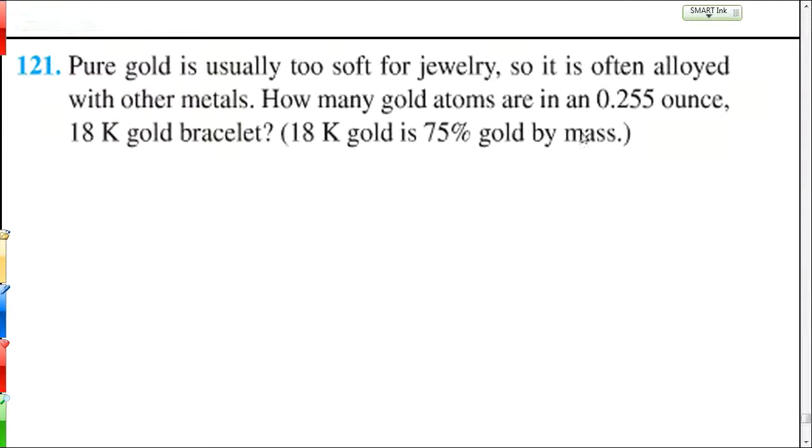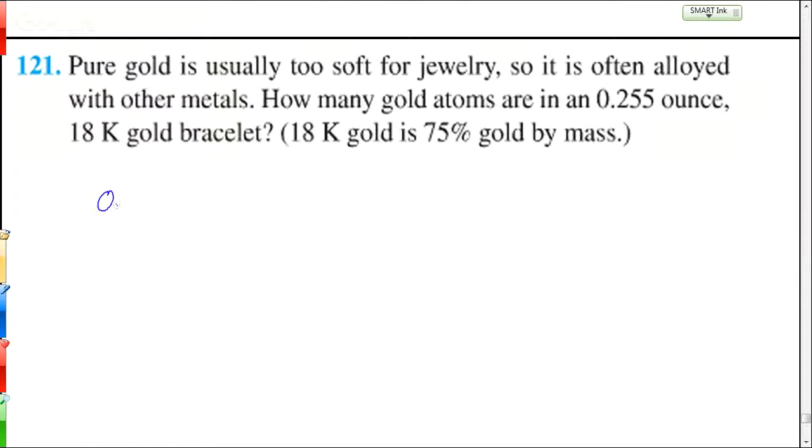And then we've got a mass, it's in ounces, so we have to get that to grams. But the other part of this is that we don't use this whole quantity and convert that all to grams because we've only got 75% gold. So we first have to take that percentage of that and then do the conversions.